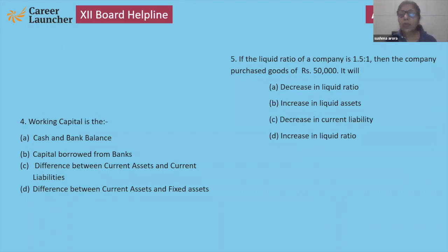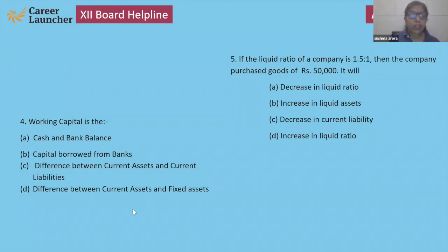And the next question as well: if the liquid ratio of a company is 1.5:1, and the company purchases goods of rupees 50,000, it will. Same as question number 3.